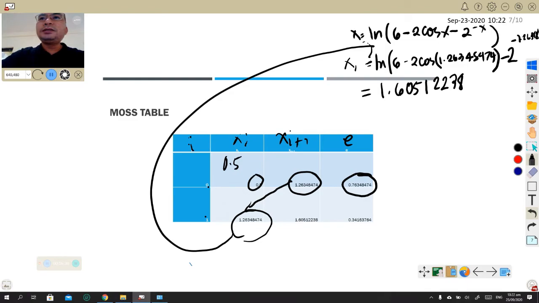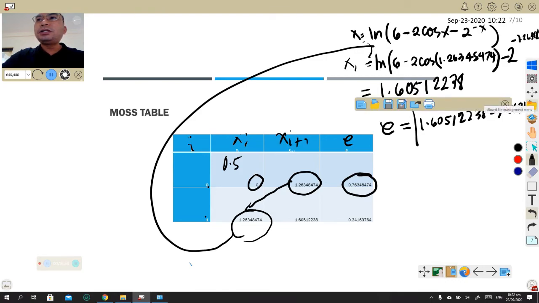Again, our error will be equal to the absolute value of your present minus previous. So 1.60512238 minus 1.2634847 will give you 0.34163764.